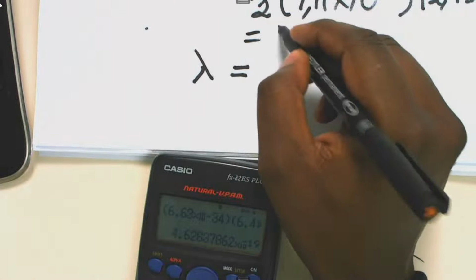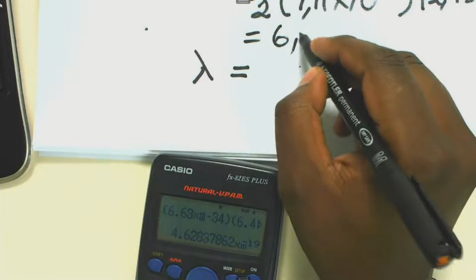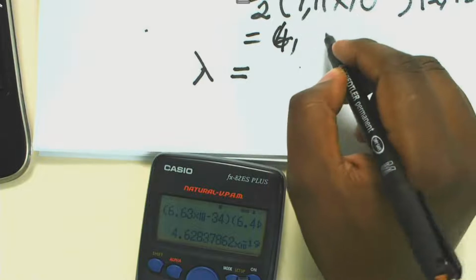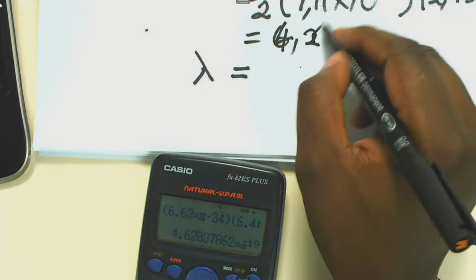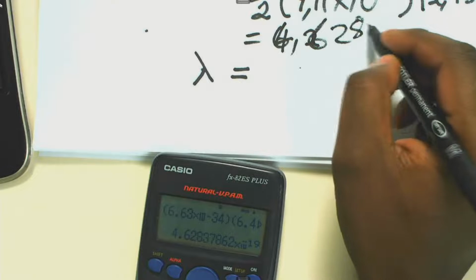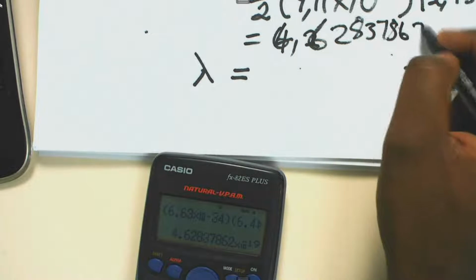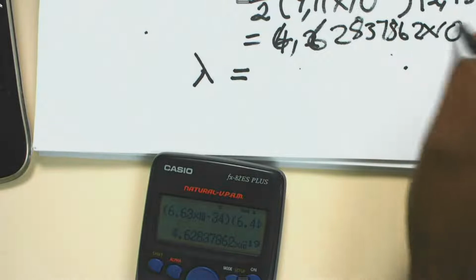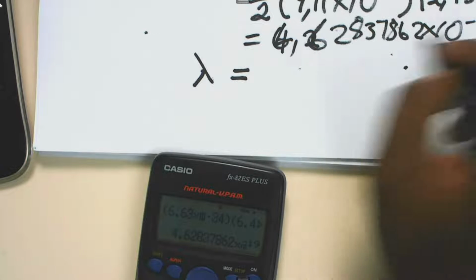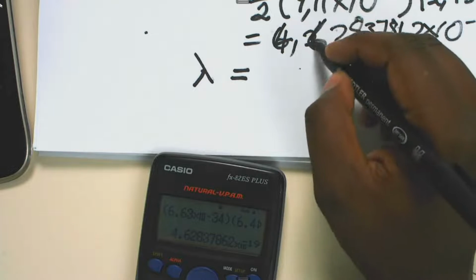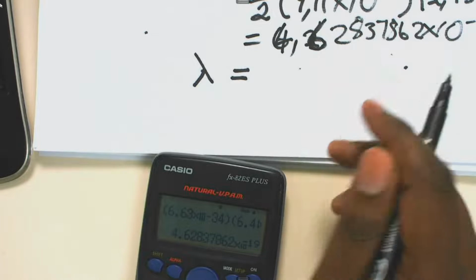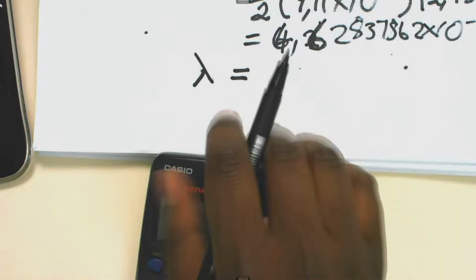It is 4,286,283,7,862 times 10 to the power minus 19. I do not round off at this stage because we are not yet at the final answer, so we need to be very, very careful.